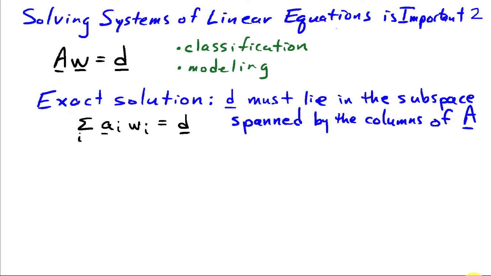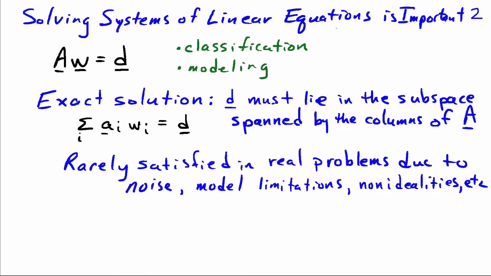We also looked at the conditions under which this system has an exact solution for W. The only time we get an exact solution is when the vector D lies in the subspace spanned by the columns of A, because this system of equations expresses D as a weighted combination of the columns of A. Now this condition is rarely satisfied in real machine learning problems due to noise, limitations of the model, other non-ideal effects, and so on.